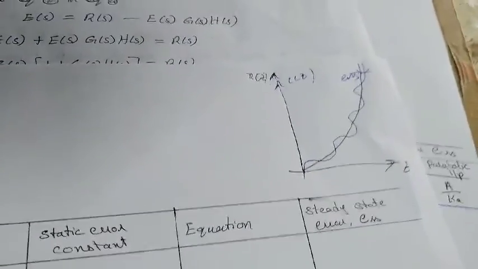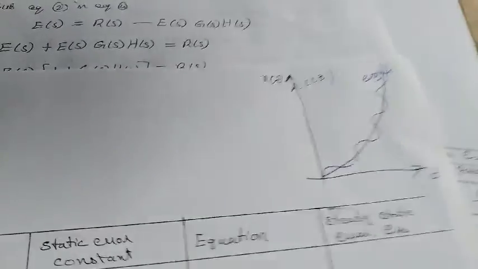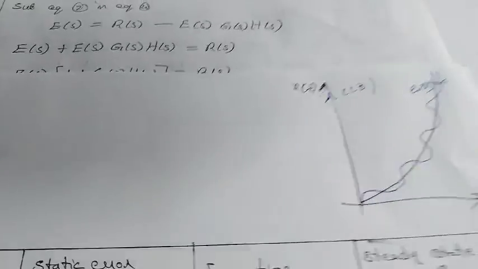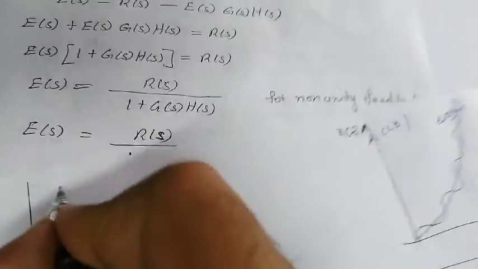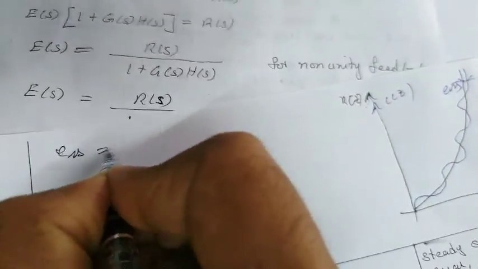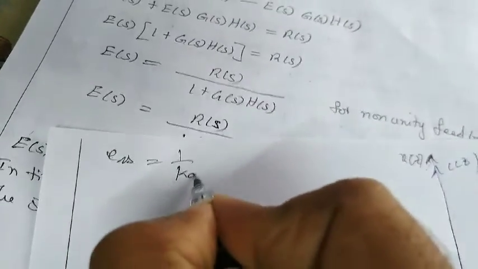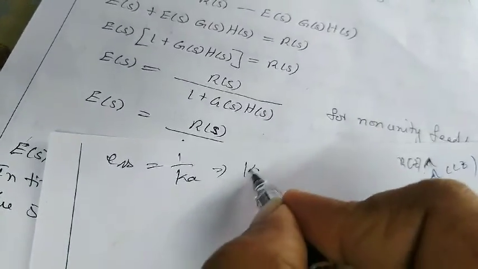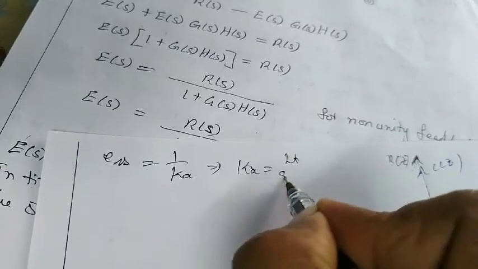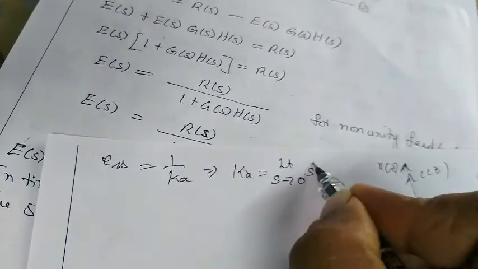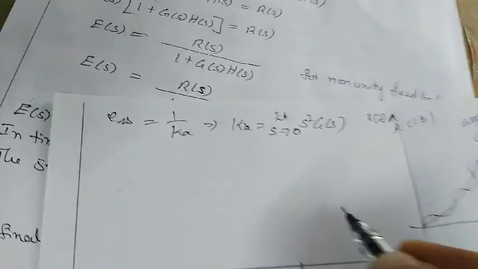So the error constant Ka, the error ESS is 1 by Ka. As we know, Ka is limit s tends to 0, s square g of s.